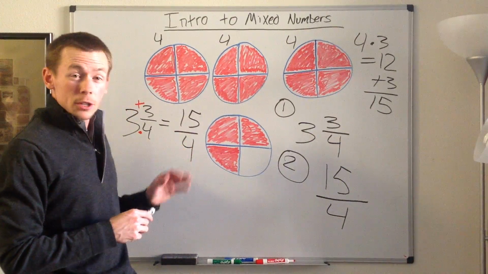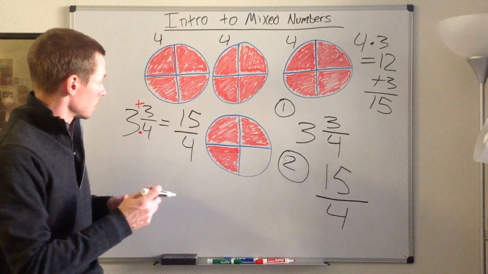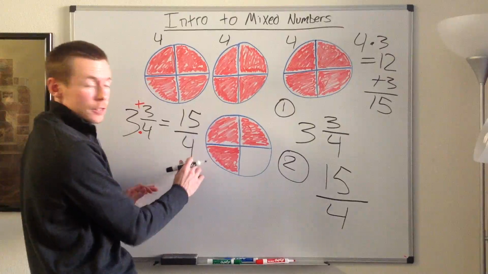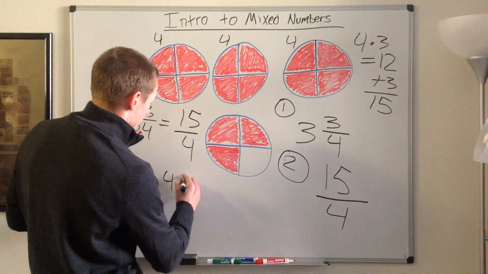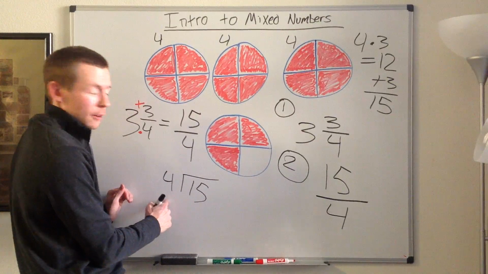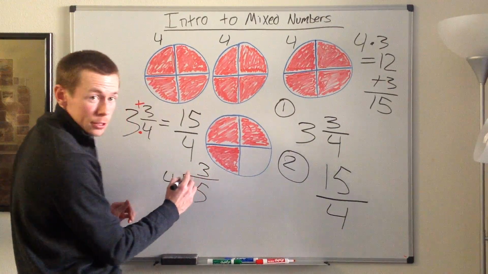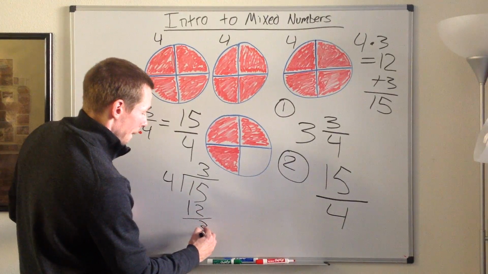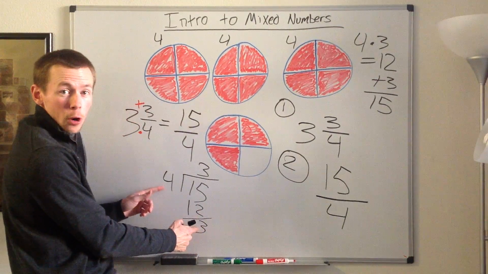So then if we wanted to do it the other way, how many times does 4 go into 15? Well, 4 goes into 15 3 times, and then what's left over? 3 out of the fourths.